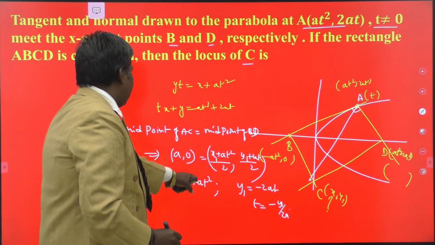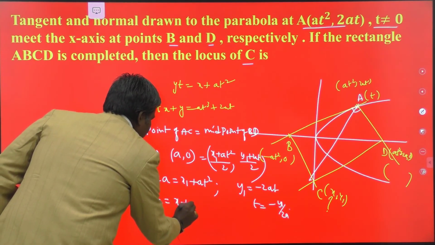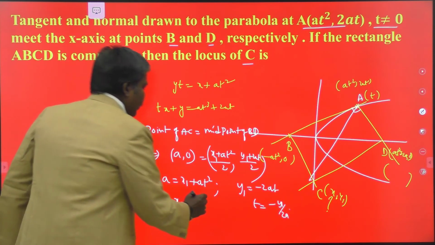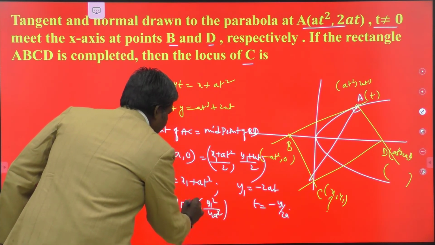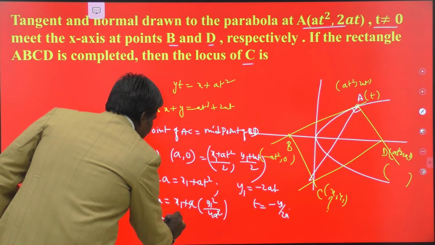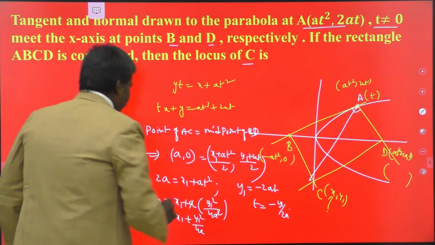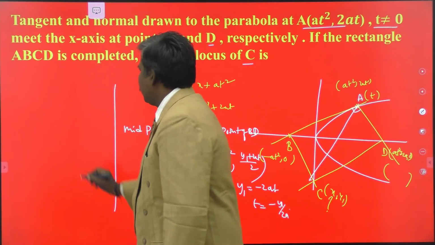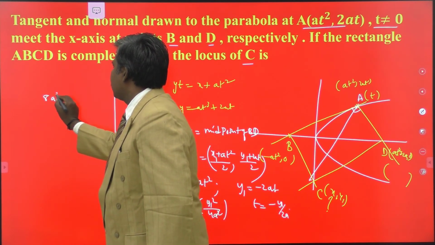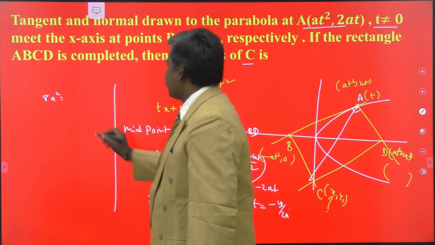Substitute the value of t here, and we get the required locus. 2a is equal to x1 + a times t², that is y1² by 4a². a gets cancelled. 2a is equal to x1 + y1²/4a. So 8a² is equal to 4a x1 + y1².